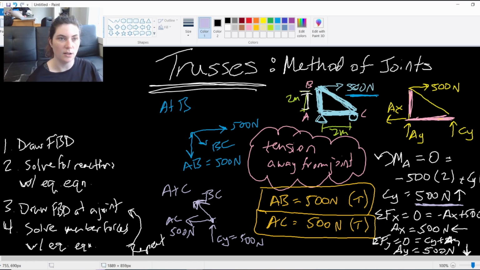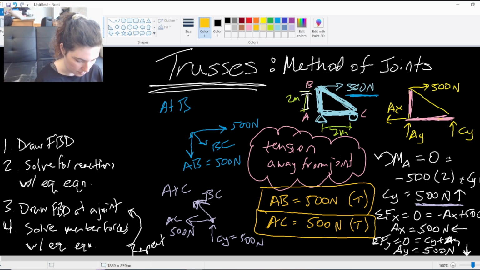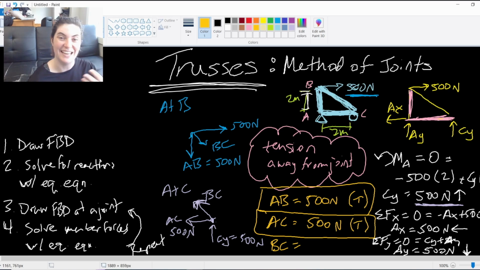So when I set this up, in either case here, I would apply my equilibrium equations: my sum of forces in the y direction equals 0, sum of forces in the x direction equals 0. And what I'm going to get is that BC is negative 707 newtons, which means that my direction was wrong.